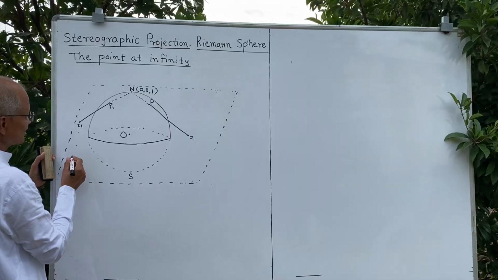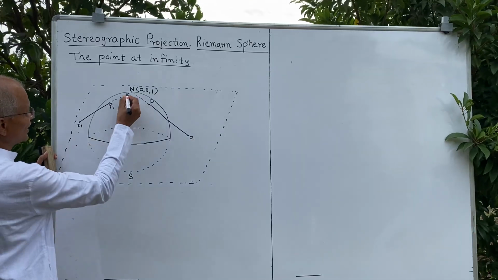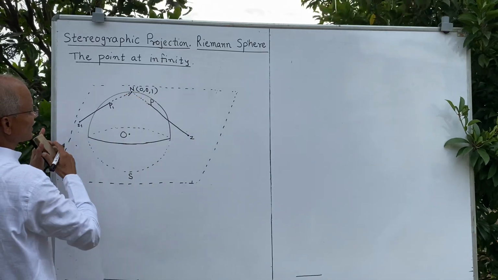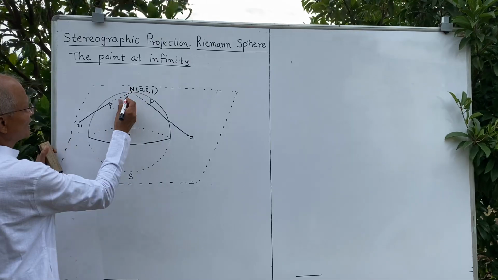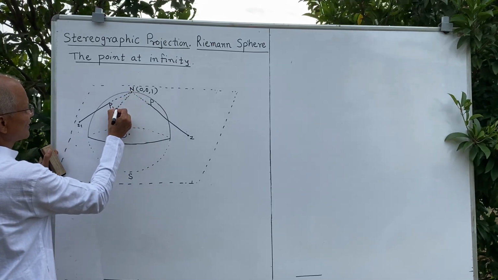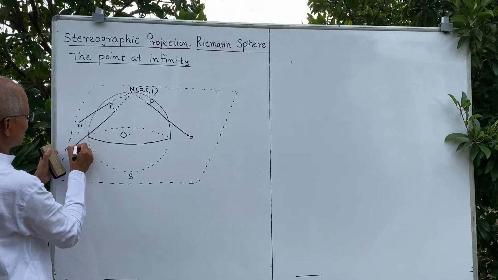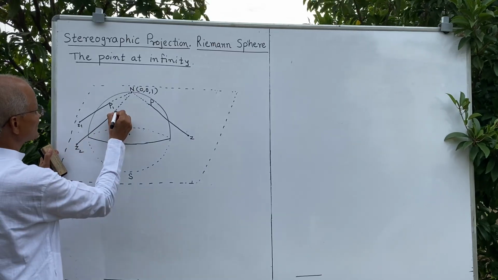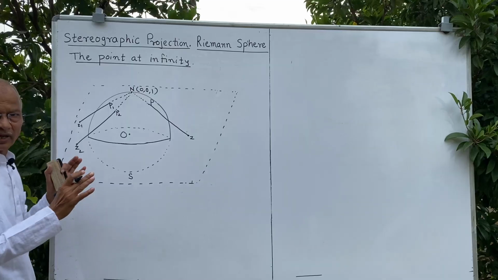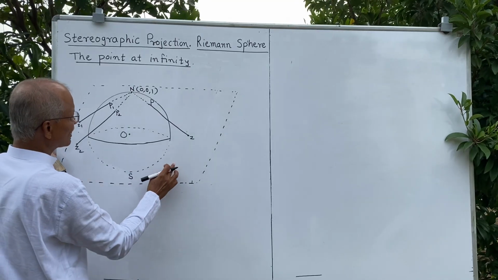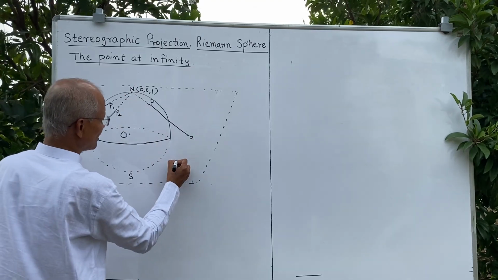Likewise, if you consider this point as z2 and join this to the north pole, then it will be like this. This point is P2. So, for every point on this plane, there corresponds a point on the sphere.